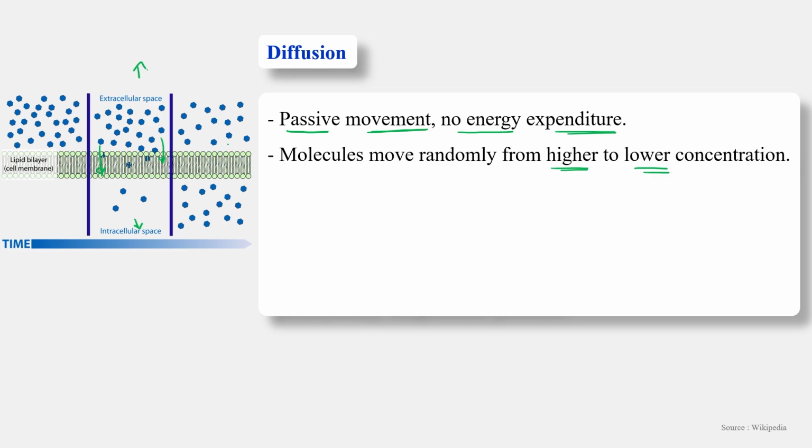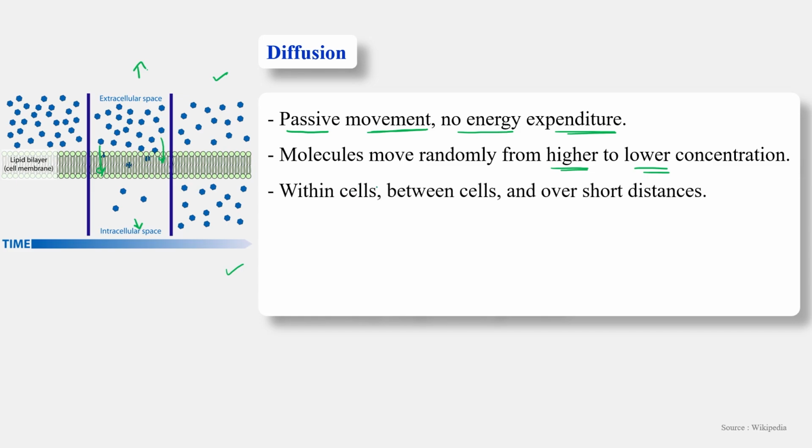So this continues till the concentration on both sides of the membrane, outside and inside, reaches equilibrium, or the concentration is in equal amount. It requires no energy, nothing, just randomly any kind of molecule moves from high concentration to low concentration. Okay.